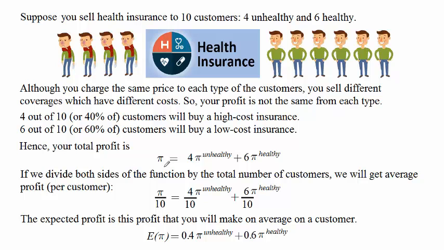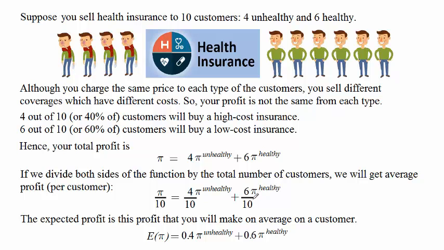Now, what will happen if we divide both the left-hand side and the right-hand side of this function by the total number of customers, which is 10 in our case? We will get the average profit per customer, right? So pi over 10 is equal to 4 over 10 times pi of the unhealthy plus 6 over 10 times pi of the healthy one.